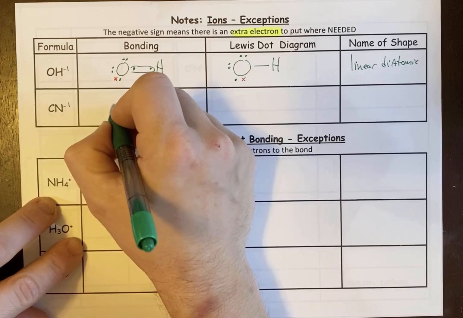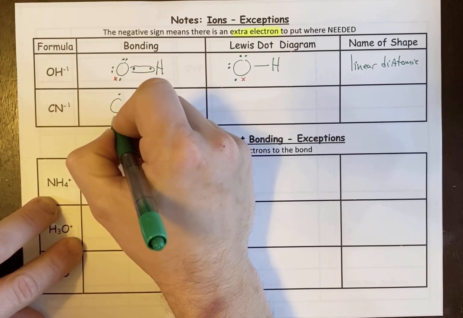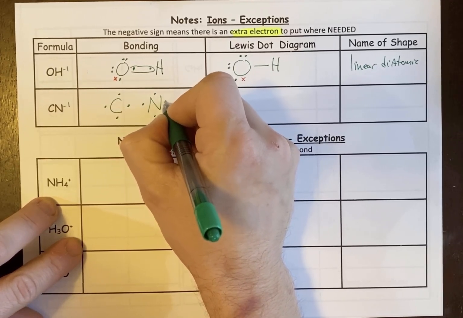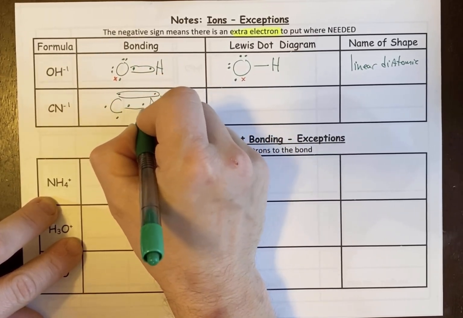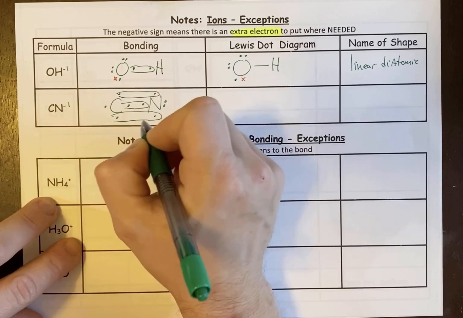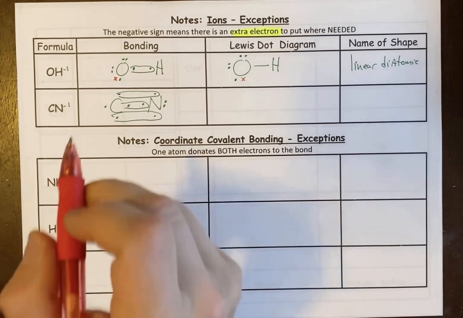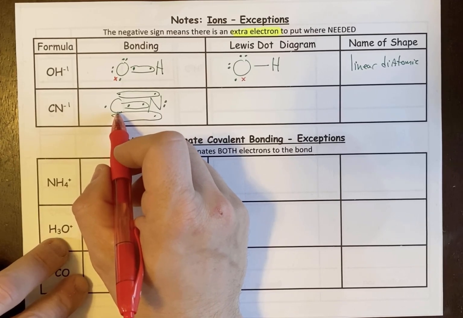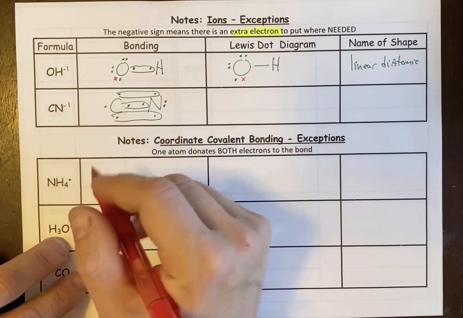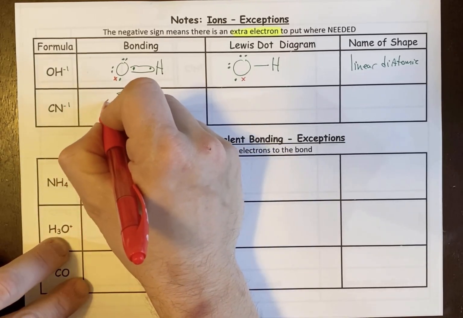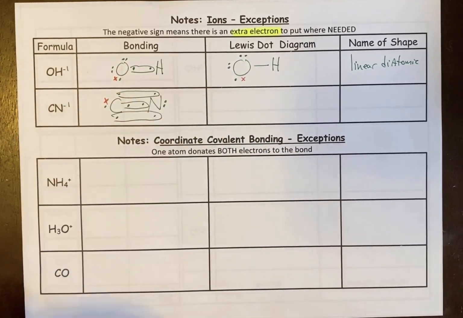So CN, same thing. Carbon normally has 4 valence. Nitrogen has 5. Carbon will normally want to make 4 bonds. Nitrogen can only make 3 because once nitrogen gets to 3, it's stable, it stops. So carbon would normally need an extra bond. It would usually bond to an H or some other molecule, but in this case there is no other molecule. That's where the negative sign comes in. There's the extra electron, it goes there.